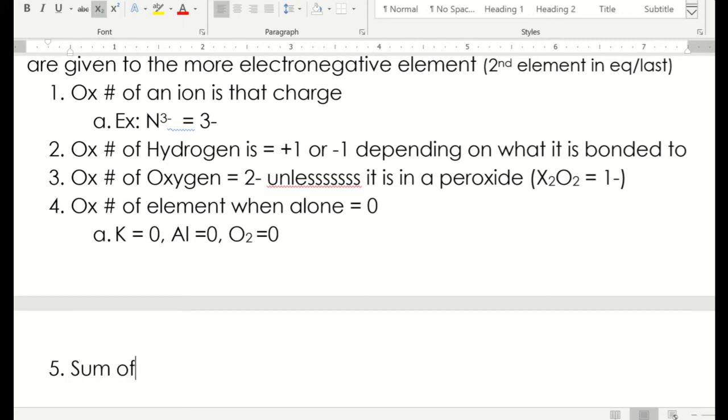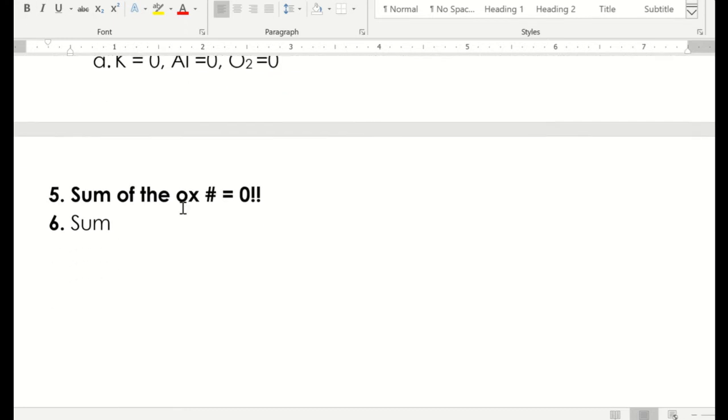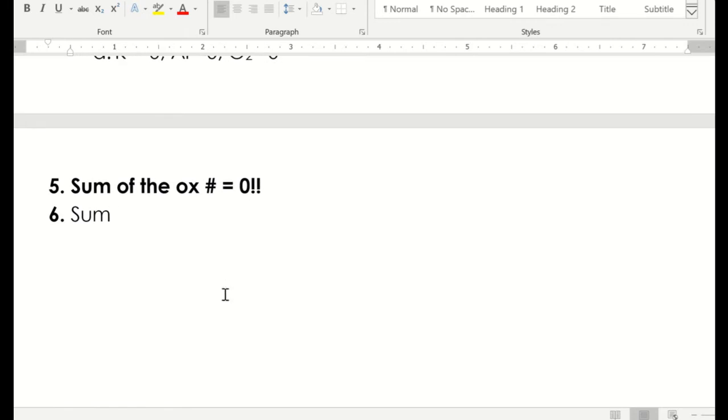And rule number 5 is that the sum of oxidation numbers is going to be equal to 0. I'm going to bold that one because that one is very important. There is a 6th rule here too, actually. The sum of the oxidation numbers could also equal the charge of the entire compound.